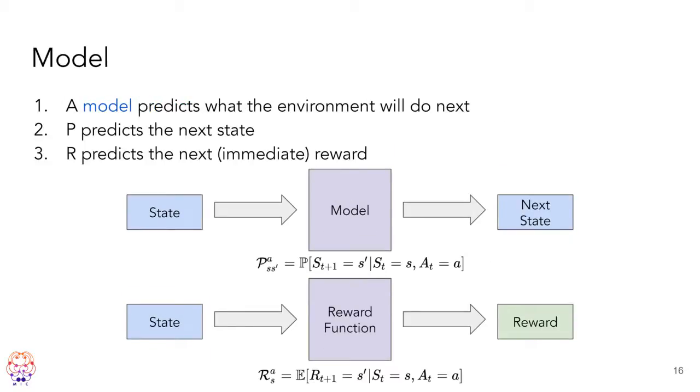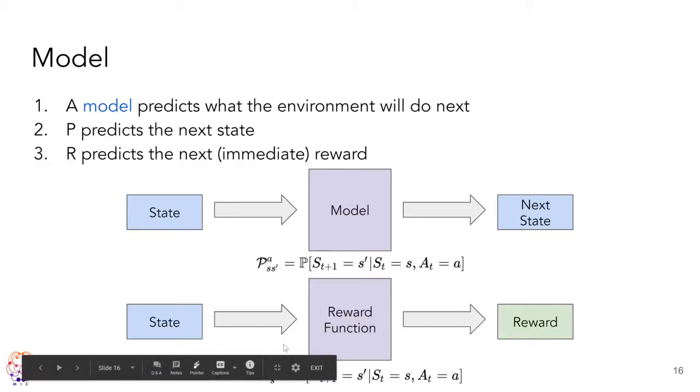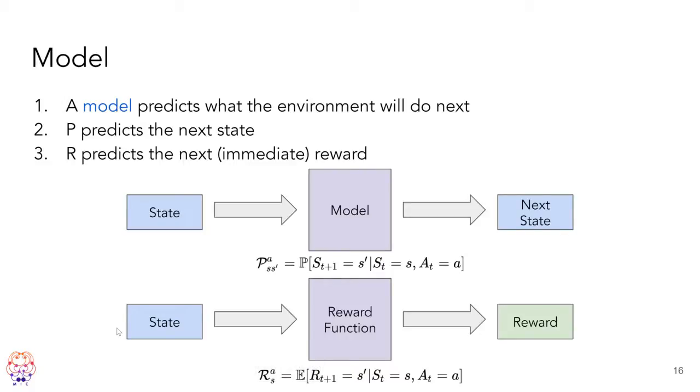So, and then we have a model. So the model, instead, we want to see how we transition from one state to another. So we have a state, we input it into the model, and then we get the next state. That would be a state model. And then we have another one, a reward function, that inputs a state and then tells us what was the most likely reward.